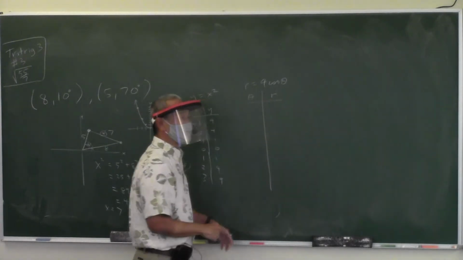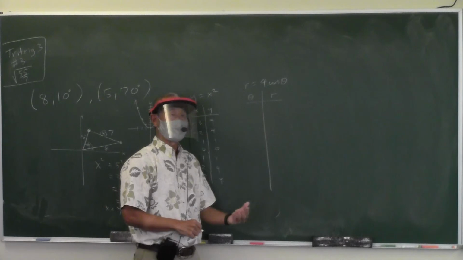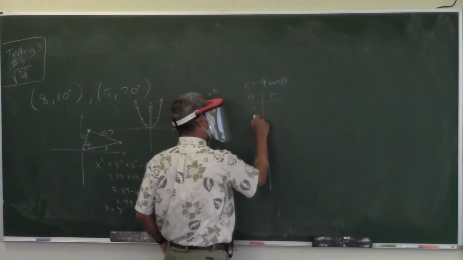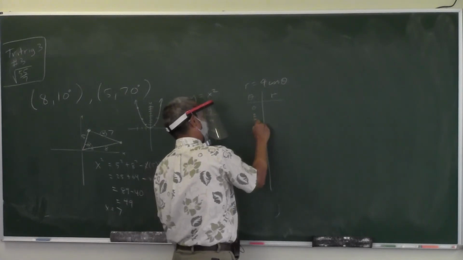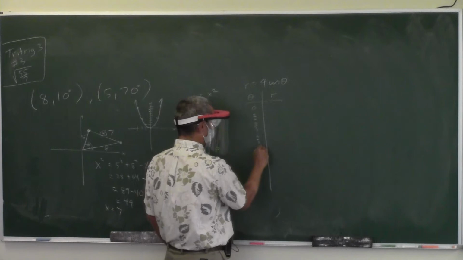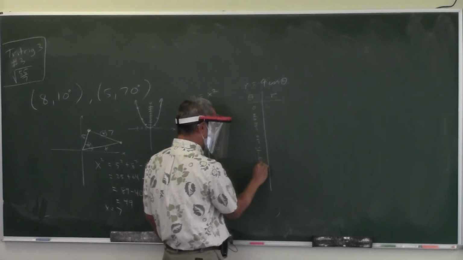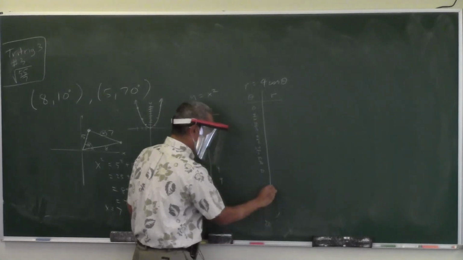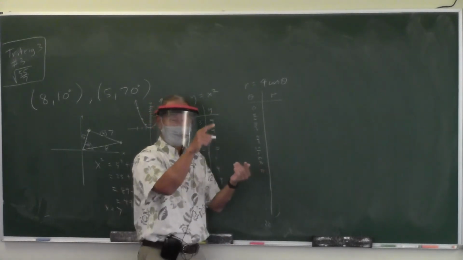Usually to get a good idea of what a graph looks like, you'll plot a point every 30 degrees. So 0, pi over 6, pi over 3, pi over 2, 2 pi over 3, 5 pi over 6, pi, and you just keep on going until you get 2 pi.